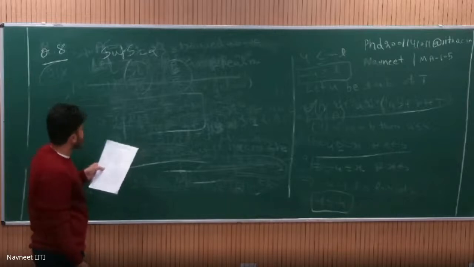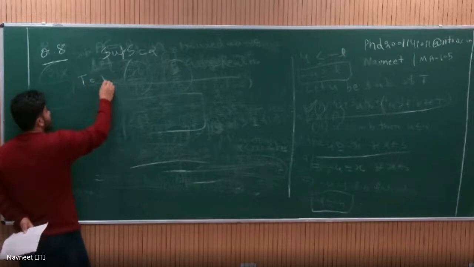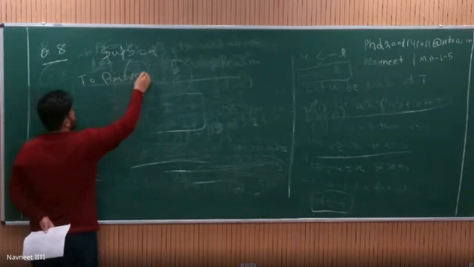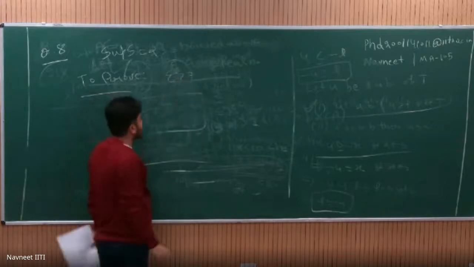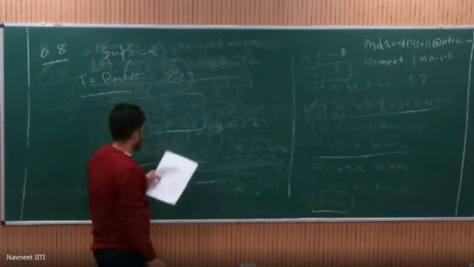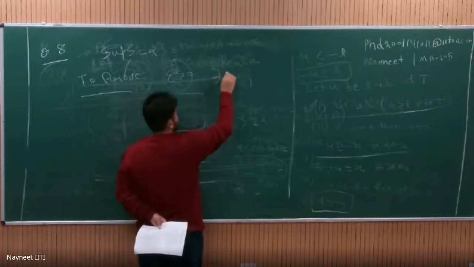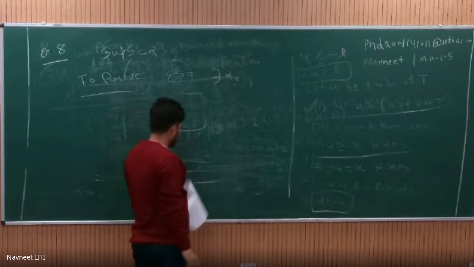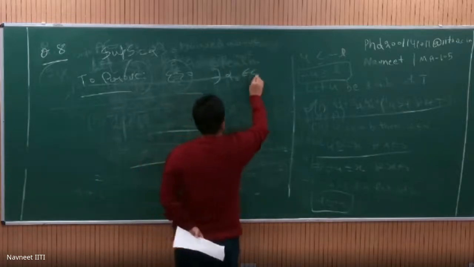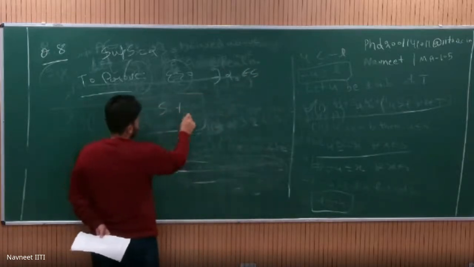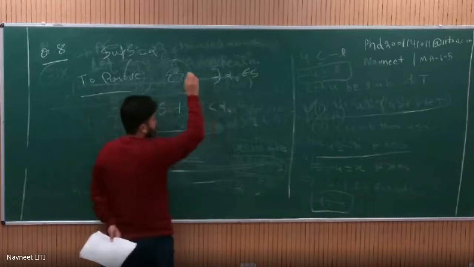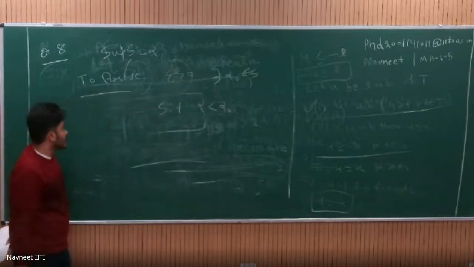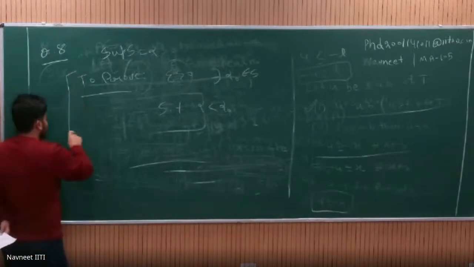Then prove that for any epsilon greater than 0, there exists a number alpha naught belonging to the set S such that alpha minus epsilon is going to be less than this alpha naught. This you want to show.